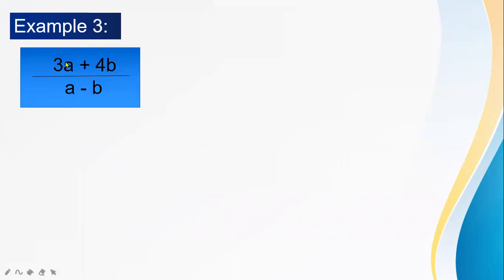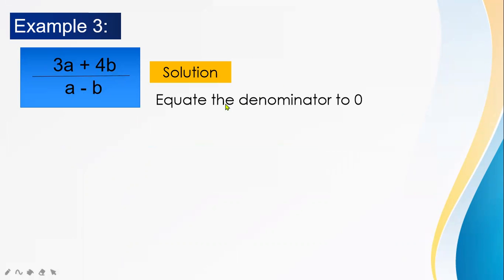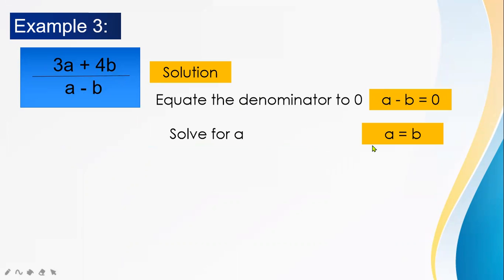Next, number 3, we have 3a plus 4b over a minus b. Then we have the solution. So again, equate the denominator to 0. So we have a minus b equals 0. Then solve for a.